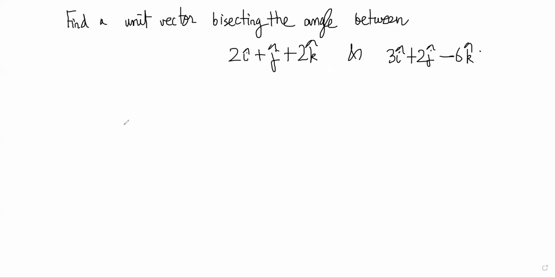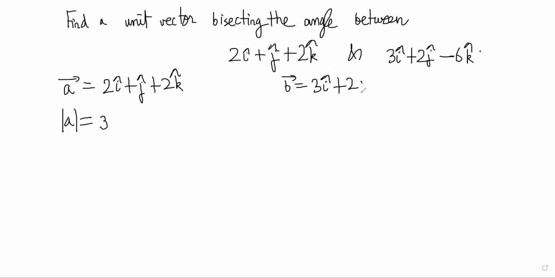So let's call this a vector, 2i plus j plus 2k. Mod of a is clearly 4 plus 4 plus 1, so 3. And b vector is 3i plus 2j minus 6k. So that is 36 plus 9, 45 plus 4, 49. So mod of b is 7, right?